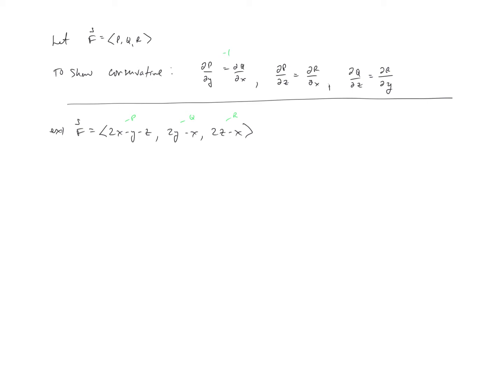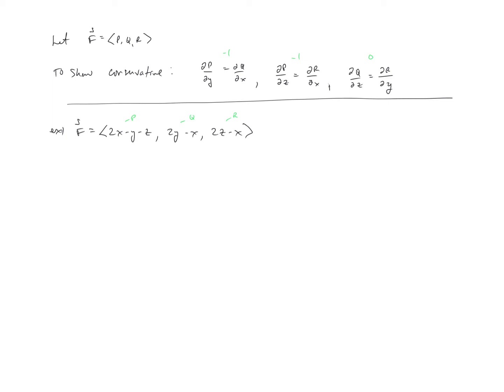And if I take partial Q with respect to x, that also gives me a -1. So far, so good. Moving over to this guy, partial P with respect to z would also be a -1. And partial R with respect to x is our -1. And then finally, partial Q with respect to z would be 0.